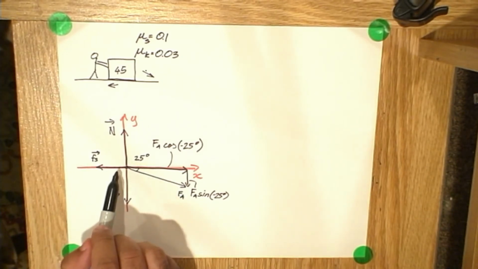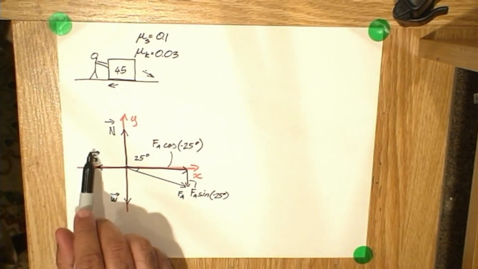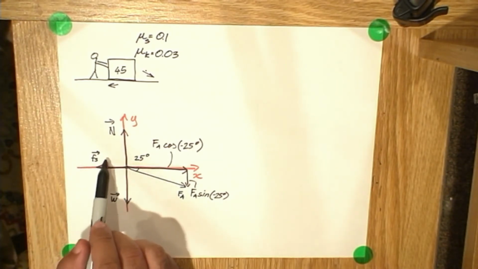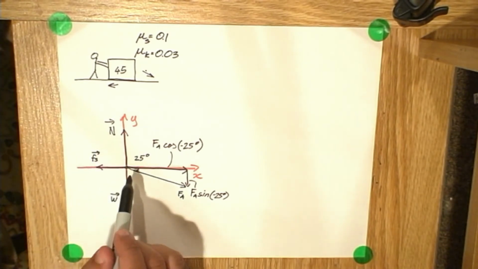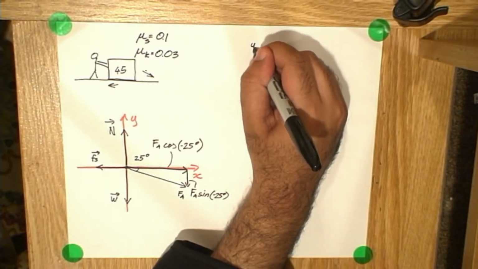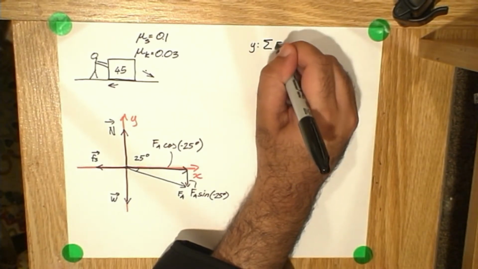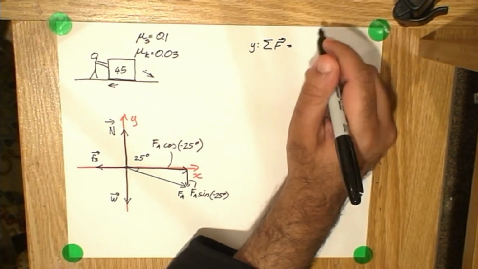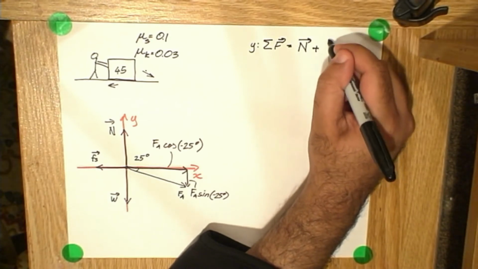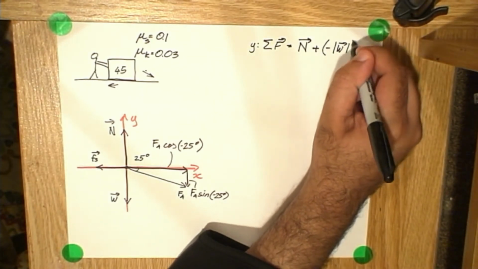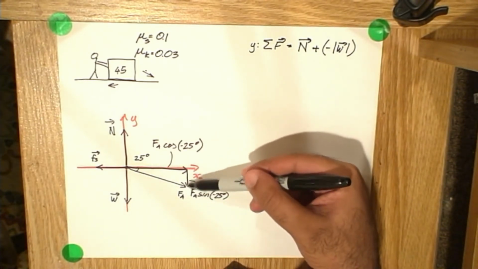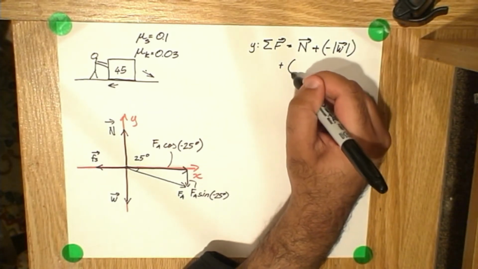Now, because this is a case where we have static friction, we have to find out what the normal force is before we can start applying anything that involves the static friction, which means we need to solve the y direction first. In the y direction, there are a total of 3 forces. There's the normal force pointed up, there is the weight force pointed down, and there is the force applied, the sine component of that also pointed down.